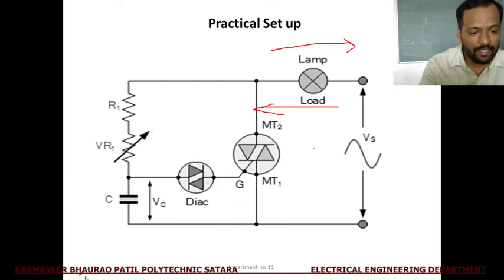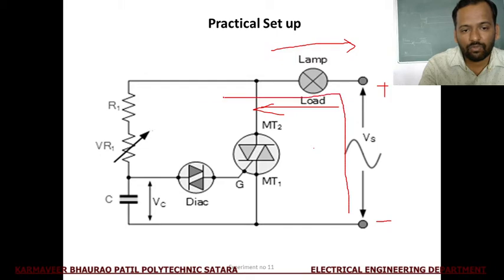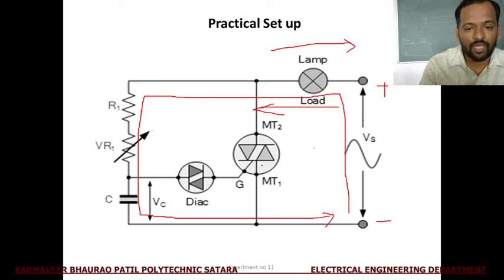Now in this diagram, suppose the AC supply has this terminal positive and this terminal negative, then minor current will flow through this R1, this pot resistance and capacitor. As Diac and Triac both are in off condition, no current will flow through Triac or Diac. This capacitor charges with upper plate positive and lower plate negative.